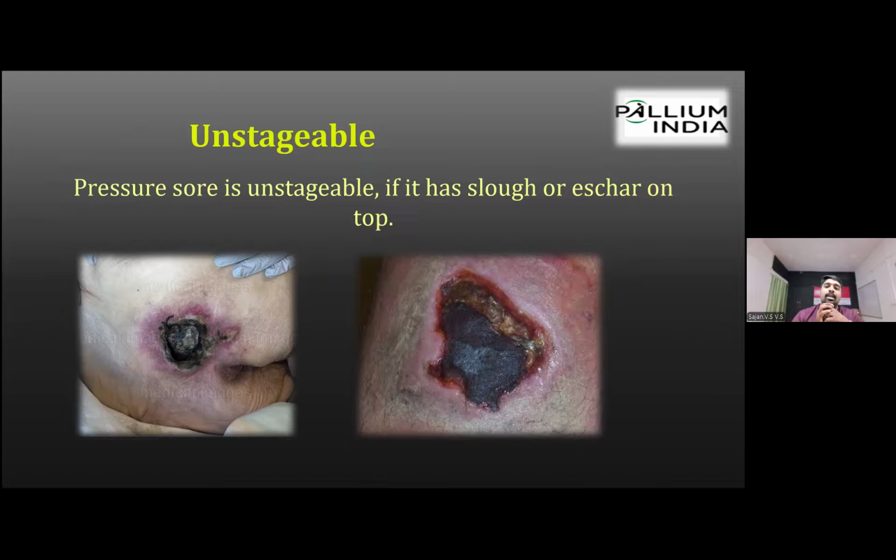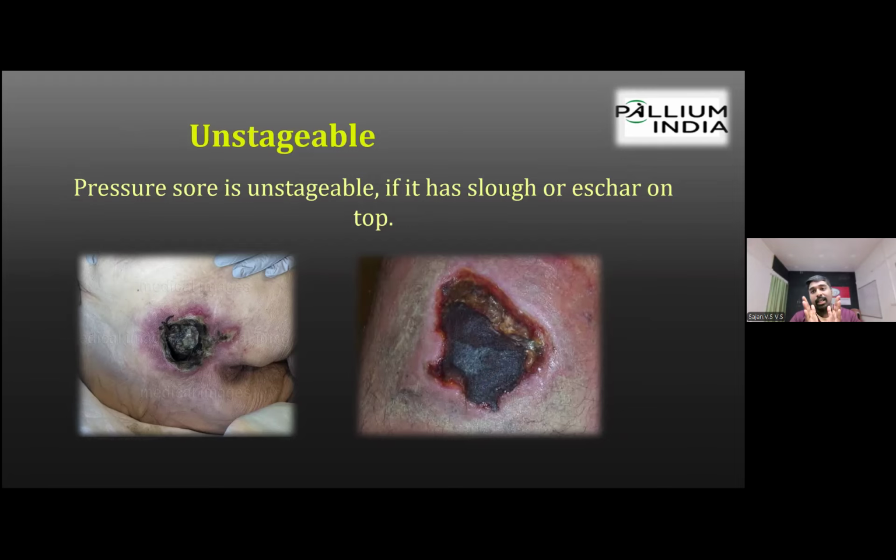This is the first type of eschar. We consider this eschar as a protective layer because there is no discharge and no infection sign. Considering their age factor, very much in the geriatric population, there is no need to do further management and cause pain for them. So we consider this type of eschar as the protective layer.